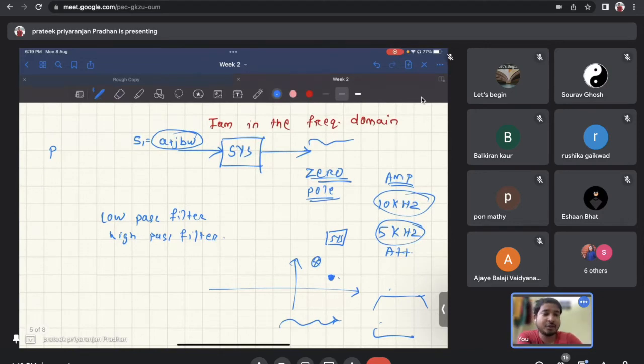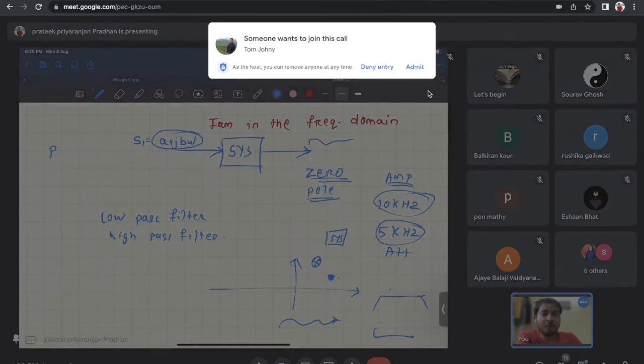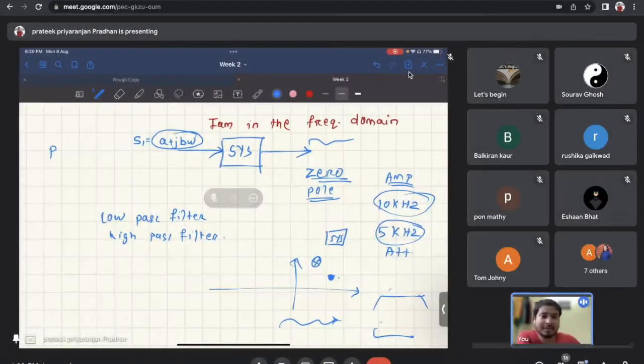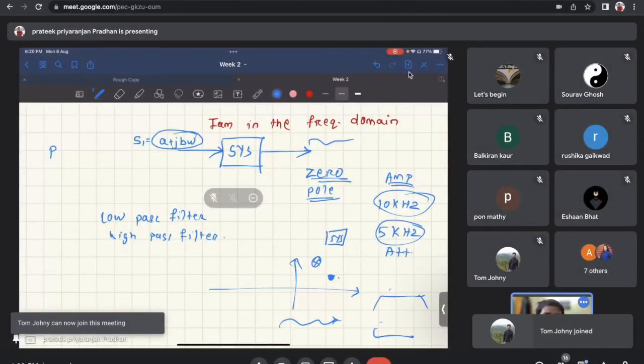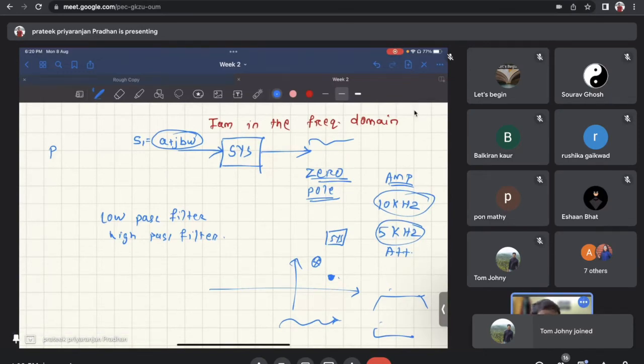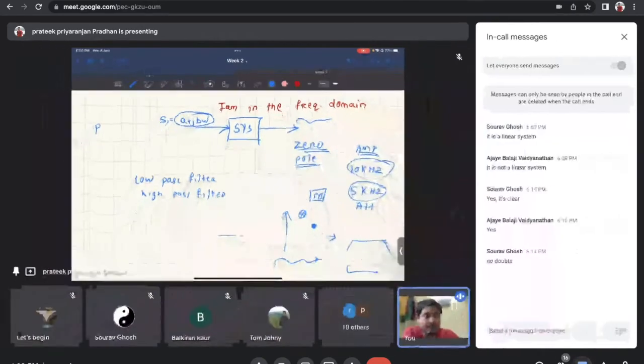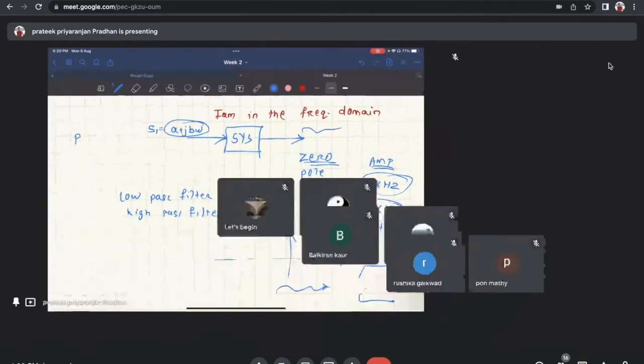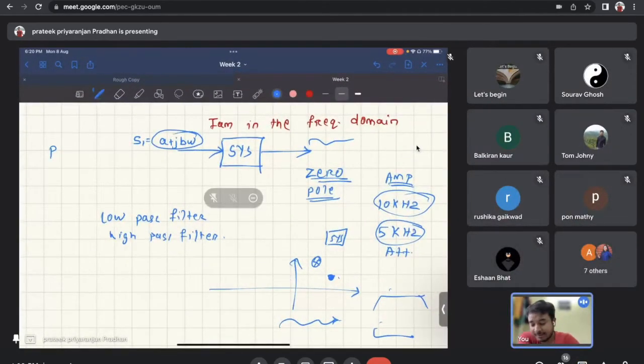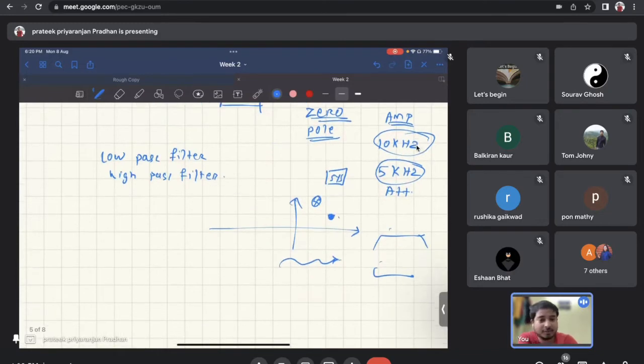Because the questions you will be getting in GATE or in your exams, find the poles and zeros at this value, find your poles and zeros at that value. It will be very simple. But this concept, why poles and zeros are important, that's a bit tricky. Am I clear? Should I proceed to the question?